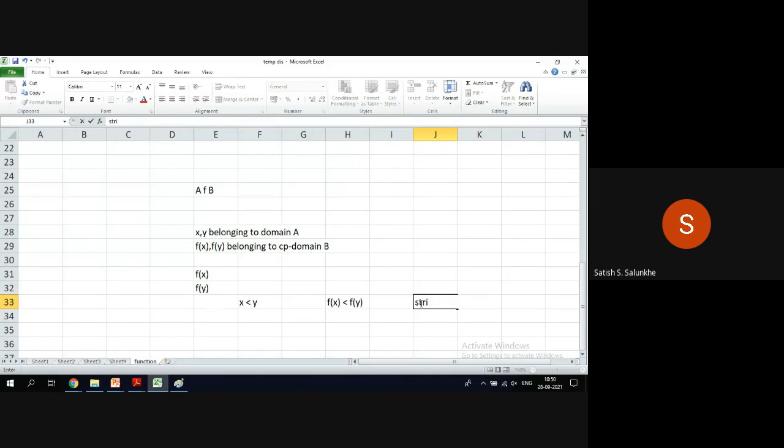Which you might have already studied in your college level when you started anything related to transcendental functions. You already studied trigonometric, inverse trigonometric, exponential, logarithmic. I am sure you must have studied this in your elementary college level, strictly increasing function.